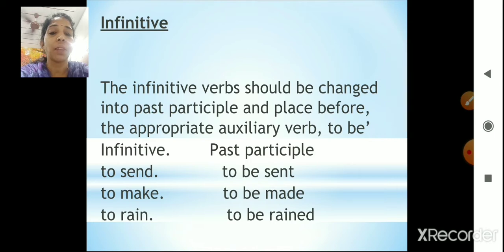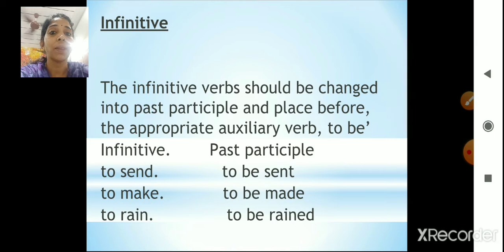To send is the infinitive in a sentence. When we write the sentence in passive voice, the infinitive has to be changed into past participle form: to be sent. To make will become to be made. To rain will become to be rained.